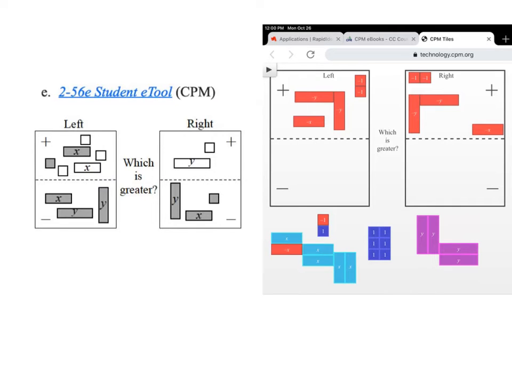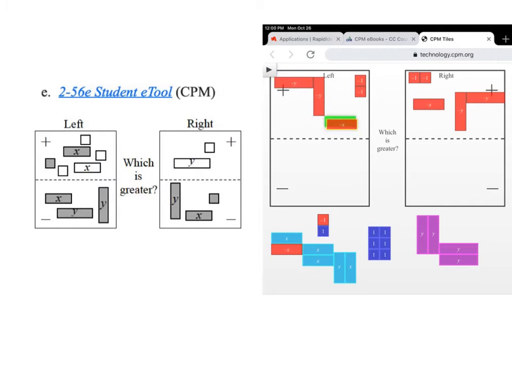But if you didn't, this is where you can do our next legal move that we've talked a little bit about, which is removing the same thing from both sides. This can be modeled by adding the same thing. If I've got a negative x on my left side, to get rid of a negative, I would need to have a positive x so that it is a zero pair.